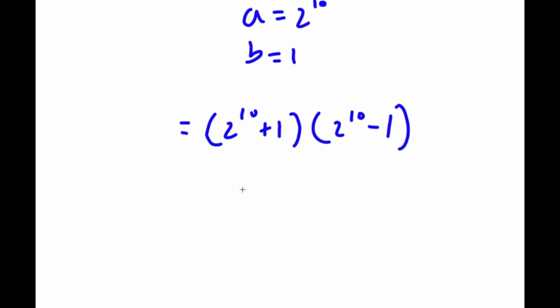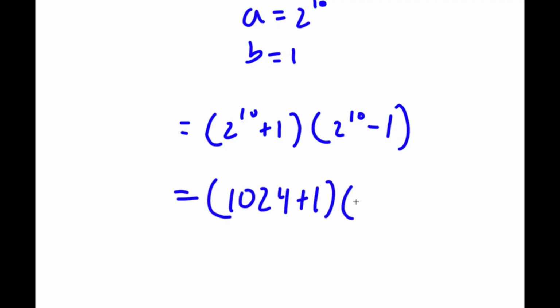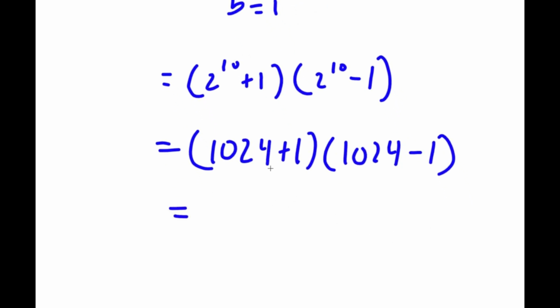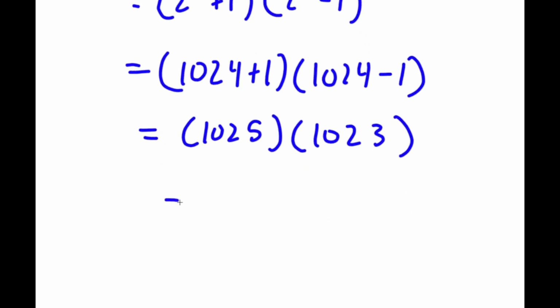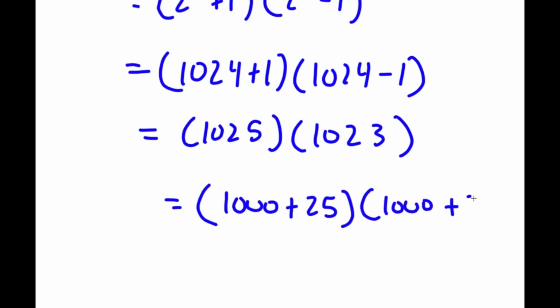So if you guys already didn't know, 2 to the power of 10, that's equal to 1,024. So now I have 1,024 plus 1 times 1,024 minus 1. 1,024 plus 1 is 1,025. 1,024 minus 1 is 1,023. Now I'm going to write this as 1,000 plus 25 times 1,000 plus 23.